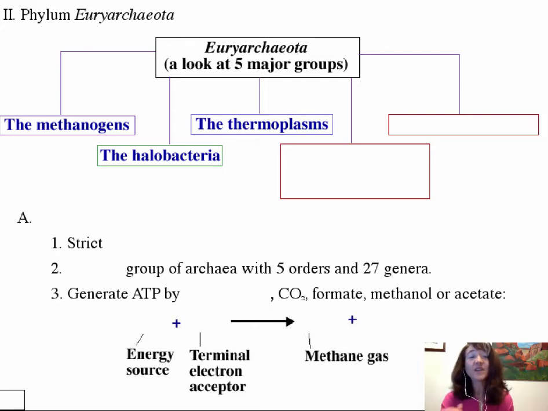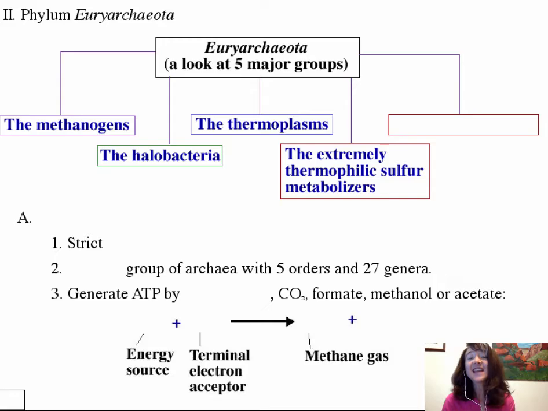They like it really, really salty. And the thermoplasms, you're like, oh, they like it really hot. Well, guess what? More than anything, they like it really acidic. The extremely thermophilic sulfur metabolizers. Well, I guess it goes without saying that they like to metabolize sulfur, but they're also liking temperatures above 100 degrees Celsius. And finally, the sulfate reducers, boy, they contribute to that smell of rotten egg.